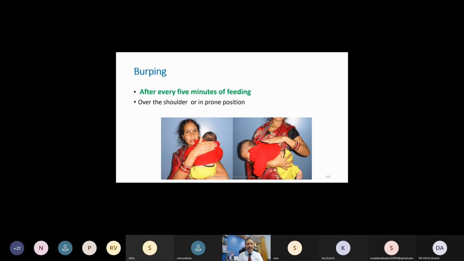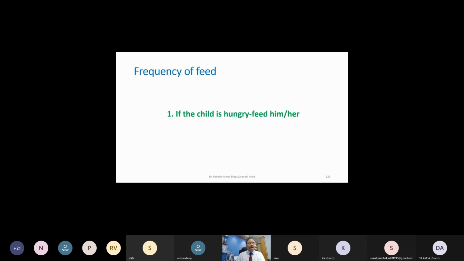So every 5 minutes it has to be burped and the air removed, and then the feeding has to restart. The frequency of feed is, if the child is hungry, feed him or her. I mean, no strict time schedule should be made. Usually, when the child is fed properly, he will sleep for 2 to 3 hours. But if he's not, and if his diapers are not wet, then feed him again.